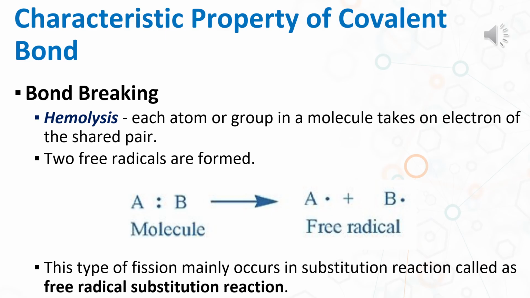You have to know the classification of your elements. This homolysis usually happens if the elements are alkanes and halogens. So you must know how to distinguish your compounds and your elements for easier classification, okay? Whether it is homolysis or heterolysis.